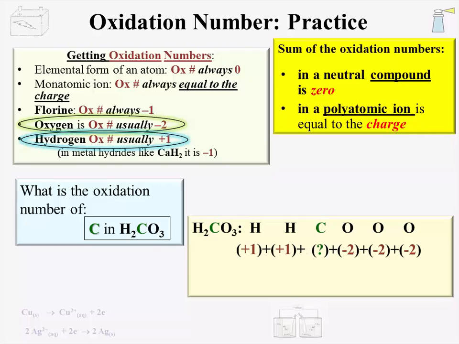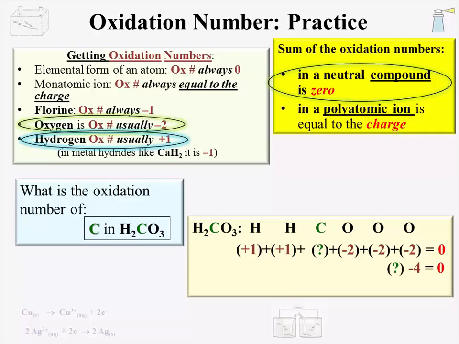Half of the summation equation is complete. What should these values sum up to be? Carbonic acid is a neutral compound, and the summation of oxidation numbers has to be 0. Almost there. The 2 hydrogens sum to a +2, and the 3 oxygens sum to a -6. +2 minus 6 is -4.